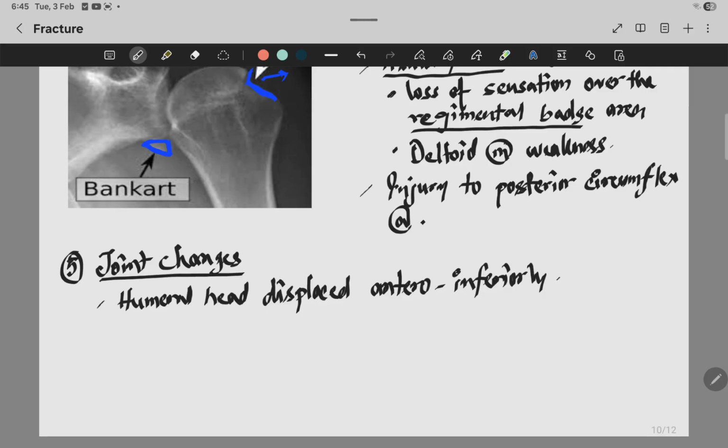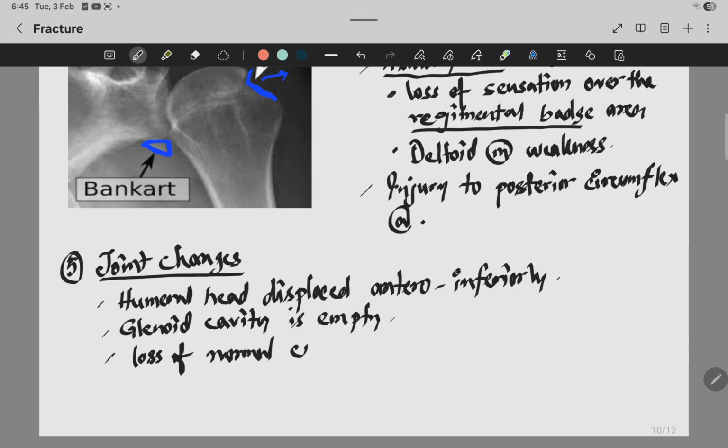The glenoid cavity is empty. And there may be loss of normal concavo-convex stability.